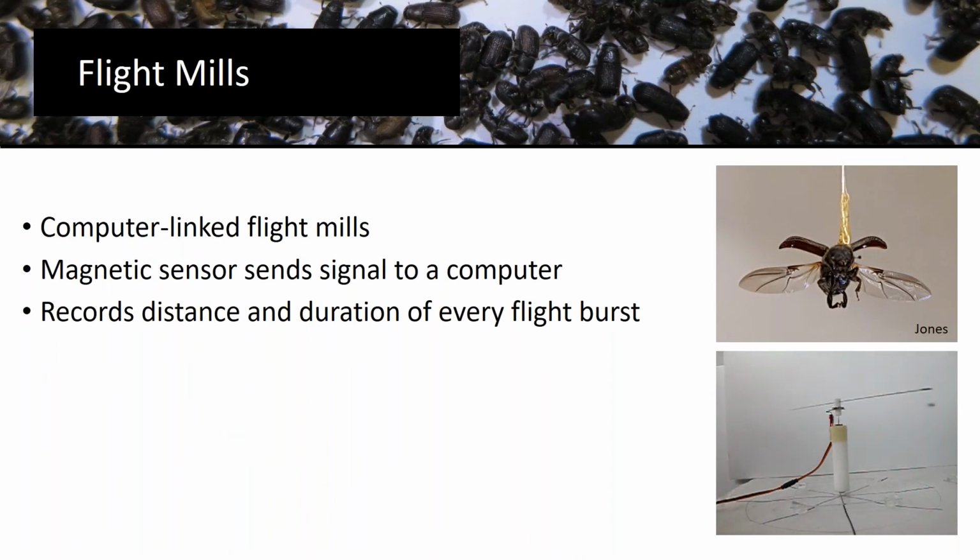So flight assays were conducted using computer-linked flight mills. And the way that these work is that the beetle is attached via a tether to the mill, and as it flies around, a magnetic sensor is tripped on the flight mill, and that is recorded to the computer that is attached to the flight mill.